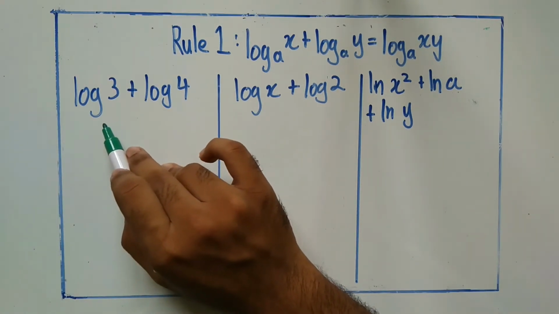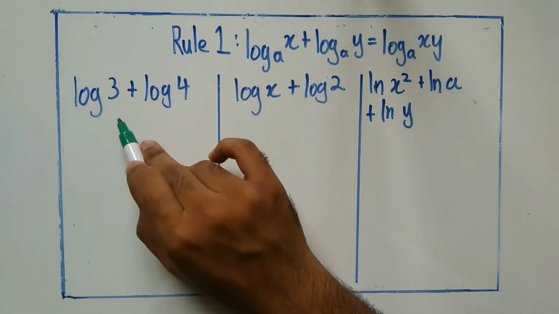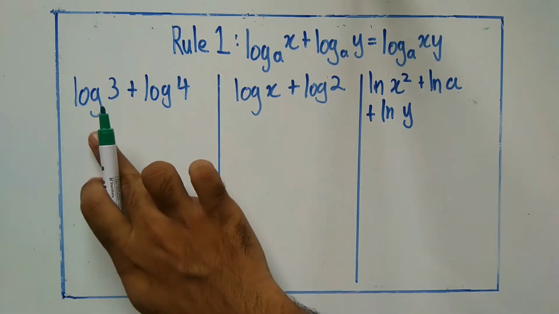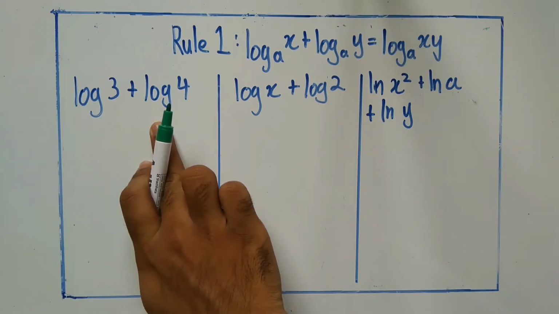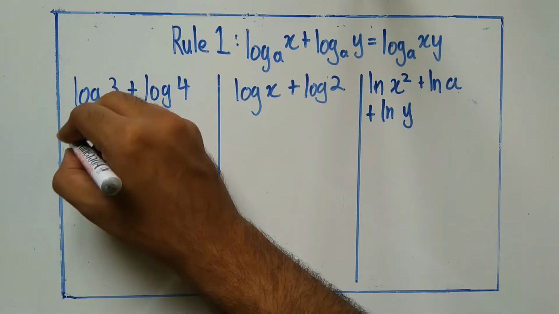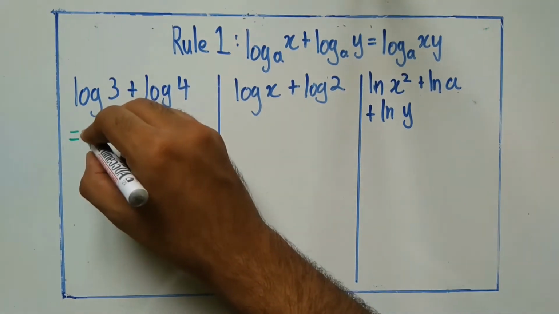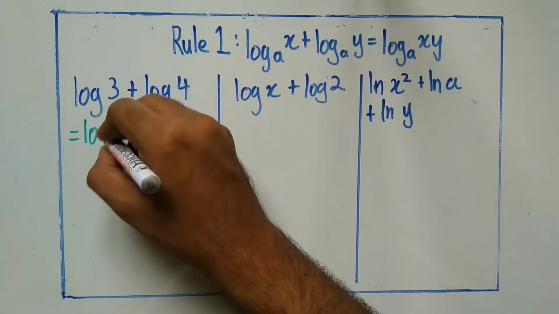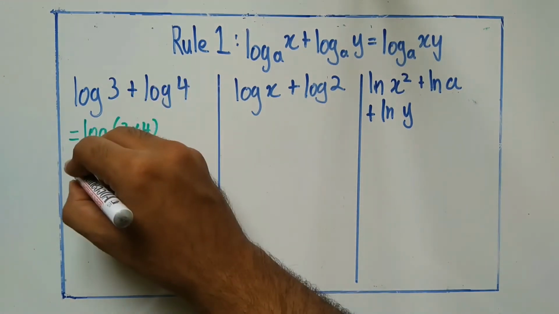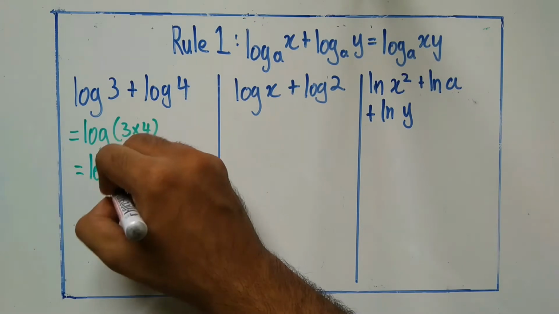As mentioned earlier, log with no base means log base 10. Therefore, these two numbers have the same base and the addition rule is applied. You will get log 3 times 4, which gives log 12.